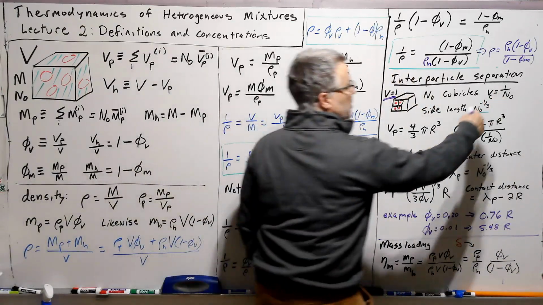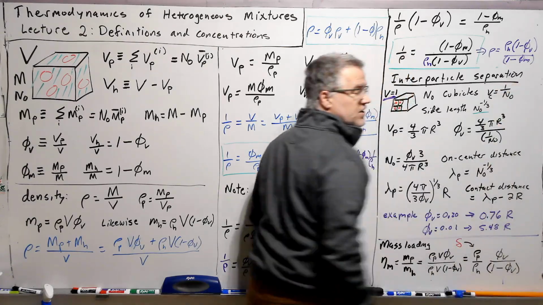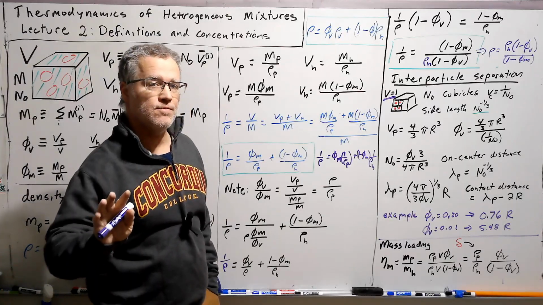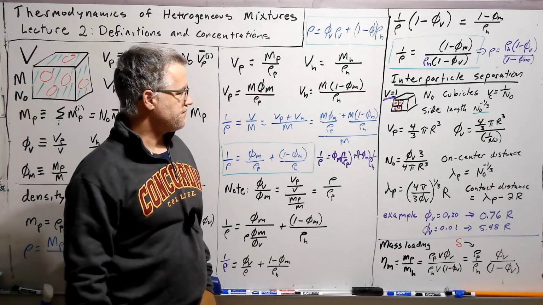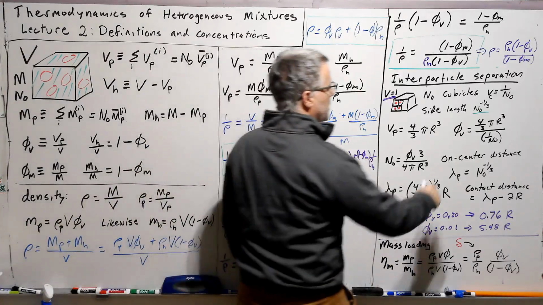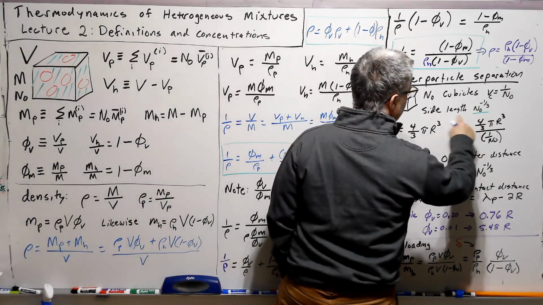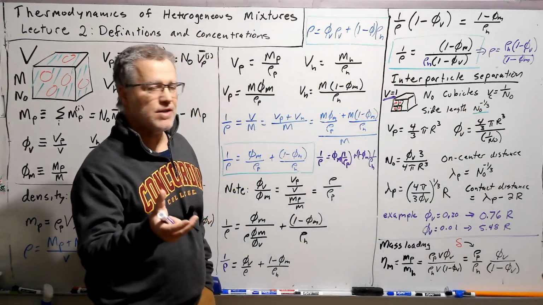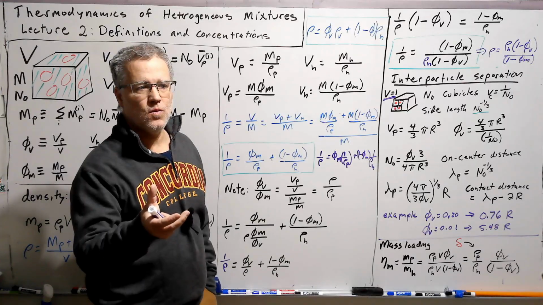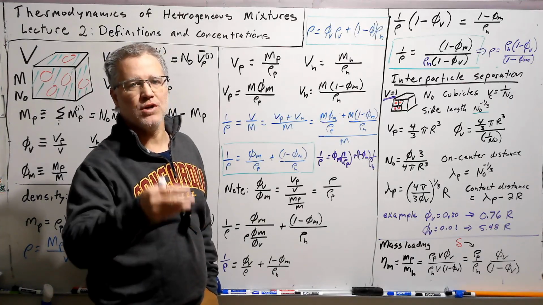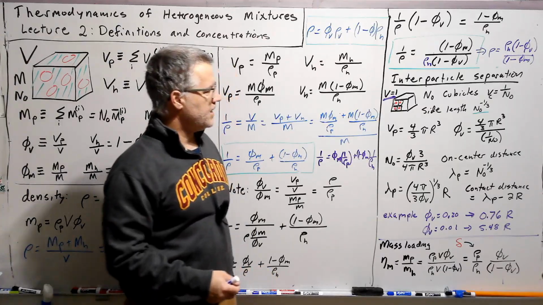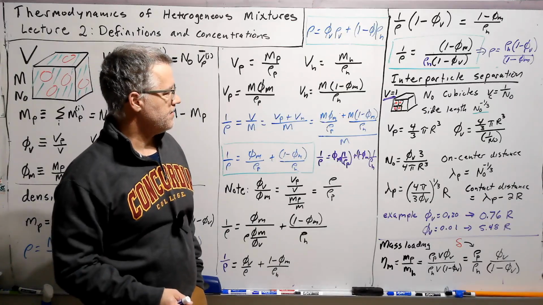So this is really V over n, right? But just for convenience, we're working in units where the total volume is 1. So that means the side length, since these are cubes, is the cube root of 1 over n. So we get n to the minus 1/3.